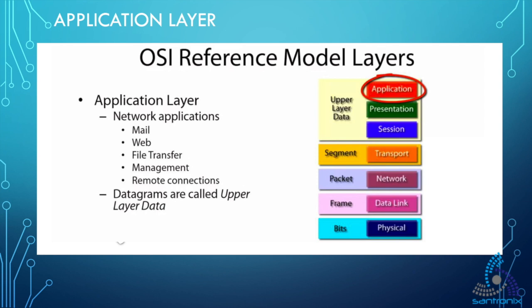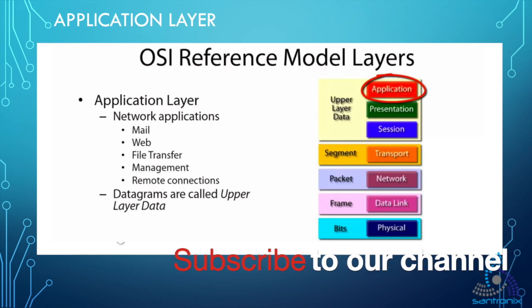For example, a mail client, a web browser, or a file transfer, FTP or SFTP clients. Then the network management tools and the remote connections like RPCs or VNCs or different kinds of network connections that we talk about. And because the application is on the very topmost layer, it is called upper layer data, right?